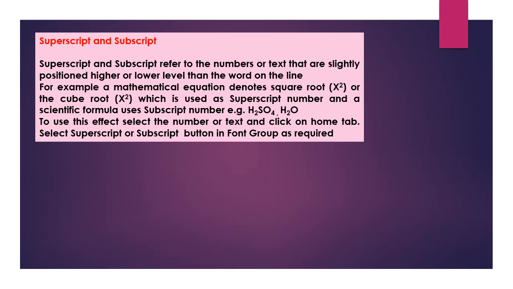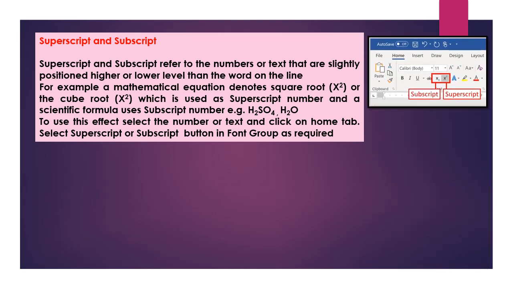For example, H2SO4 and H2O. To use this effect, select the number or text and click on the Home tab. Select the superscript or the subscript button in the font group as required. You can see in the image, subscript button and superscript button has been marked with red color.